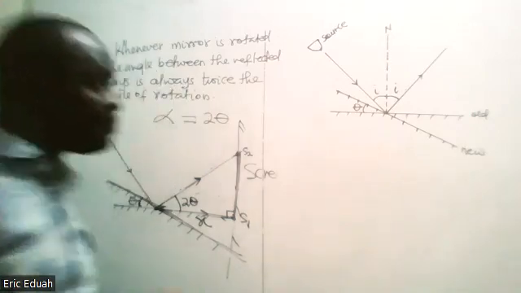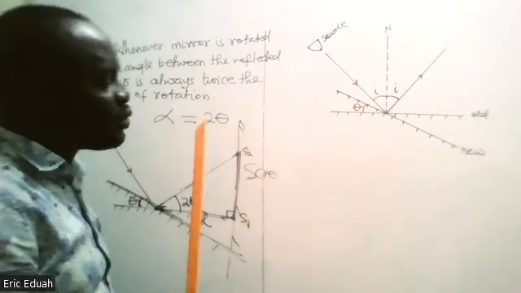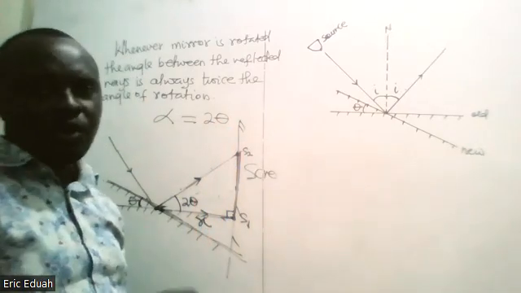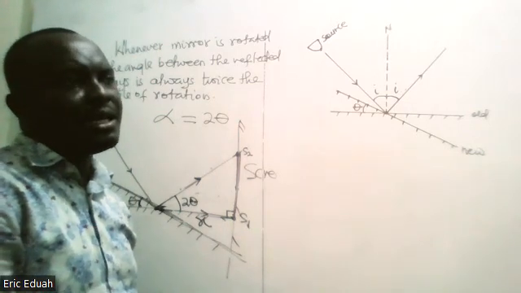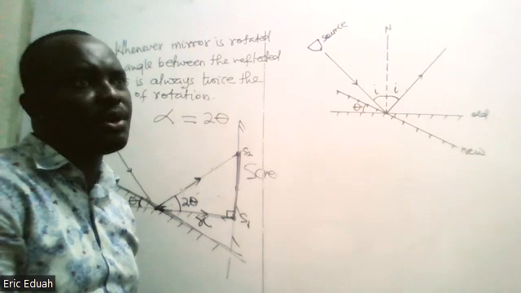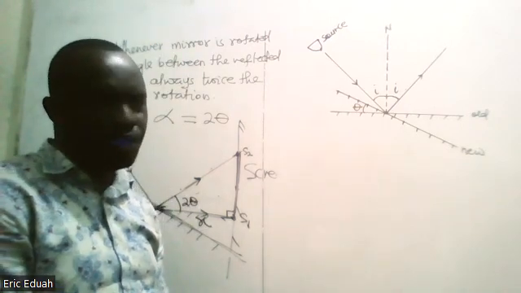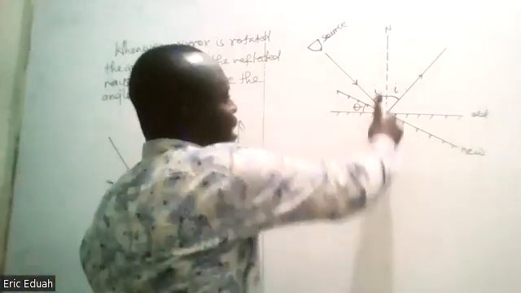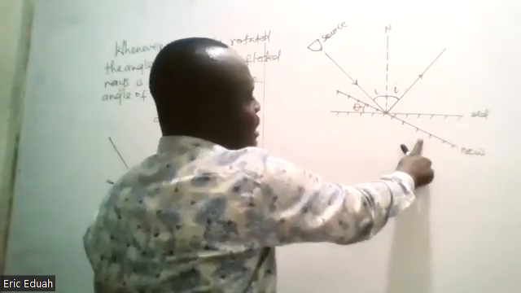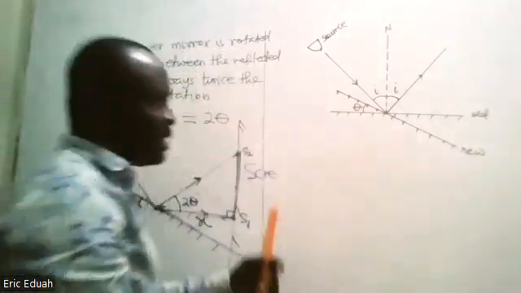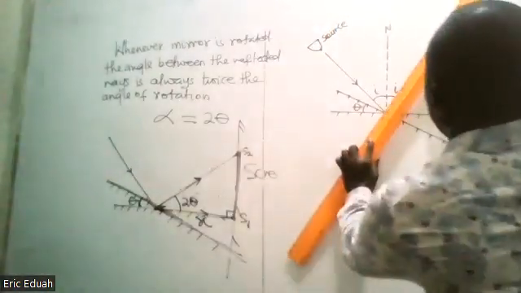Yes. Okay. Now, once the mirror is rotated, it will give us a different normal, because the normal, whichever position of the mirror, should always be perpendicular to the mirror. So once you rotate it through an angle theta, the normal with respect to the new position would also change, because the normal is always perpendicular to the mirror.